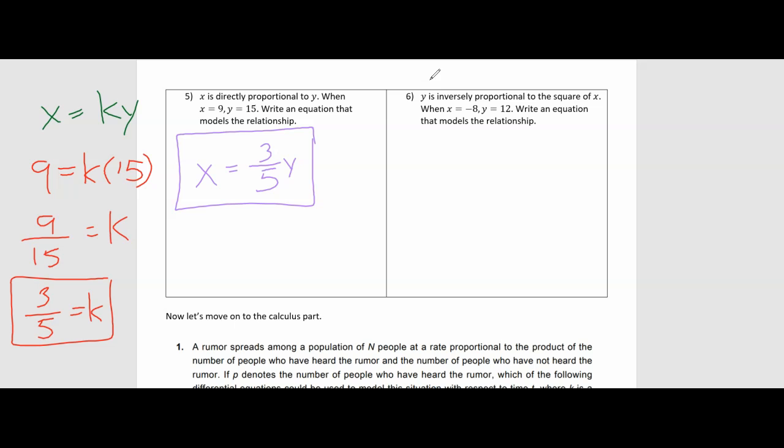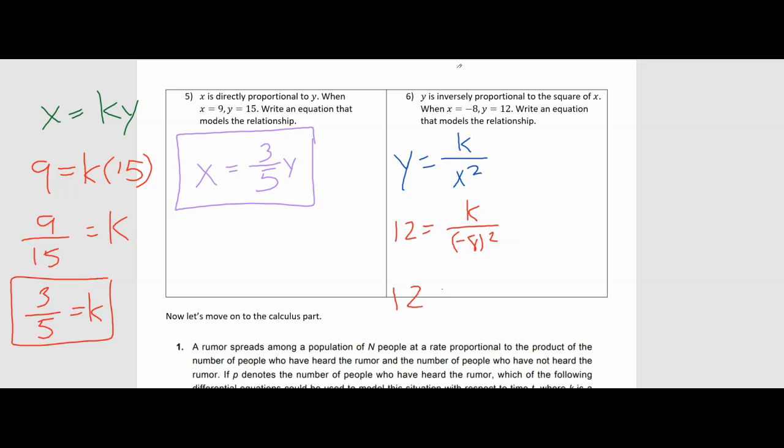For number 6, it says y is inversely proportional to the square of x. So we have y inversely proportional, so k over the square of x, so x squared, not the square root of x. And when x is equal to -8, y is equal to 12. So I get 12 is equal to k over (-8) squared.